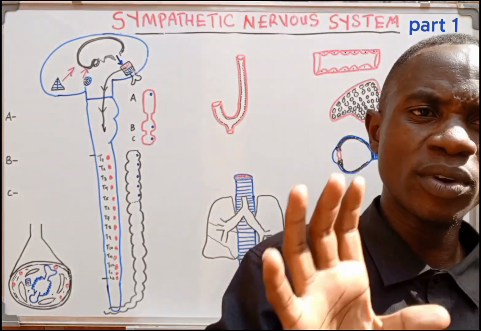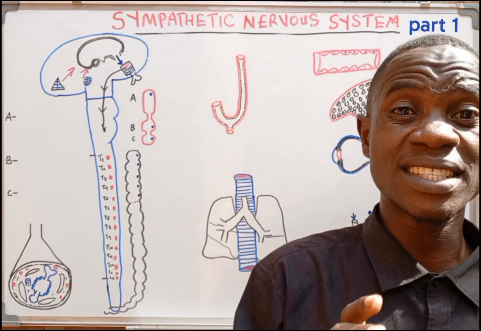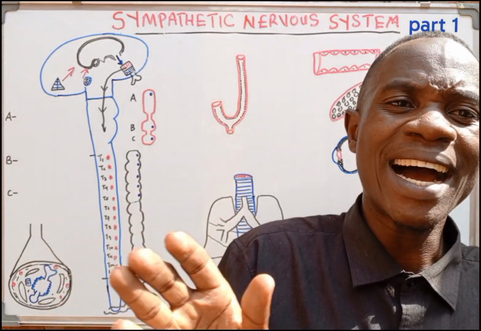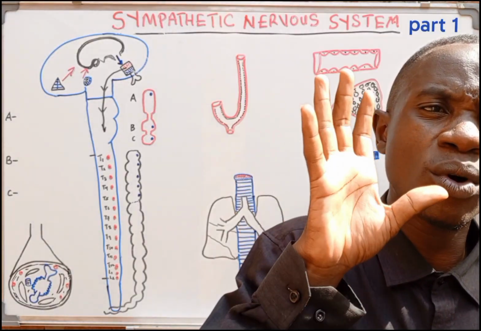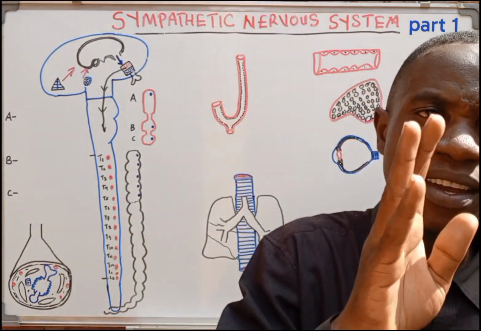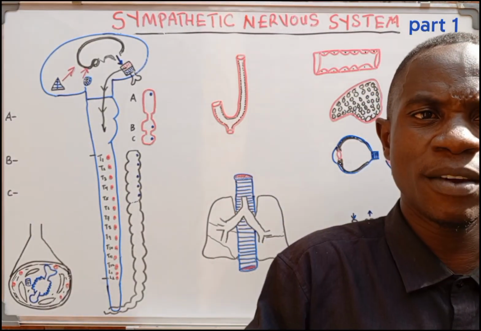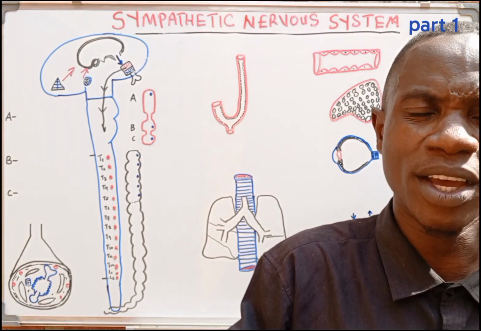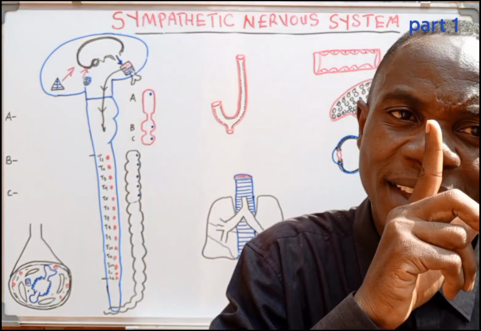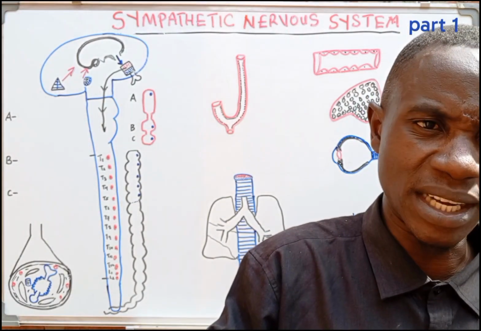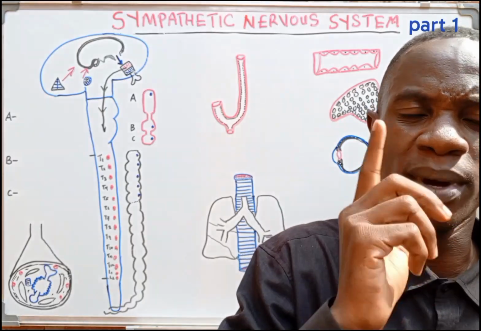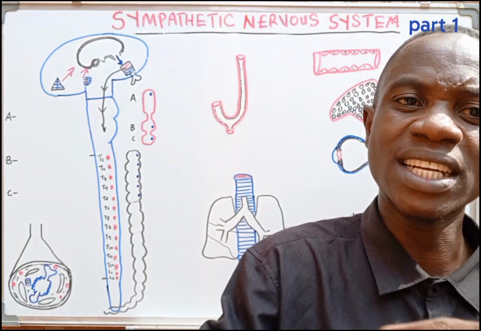Now, these two chemicals are poured into the blood, and then they can go and act on all the body structures that have receptors where epinephrine and norepinephrine can stimulate. Okay, all the body structures that have what we call adrenergic receptors can be stimulated by these two chemicals. Okay, so now that's one.